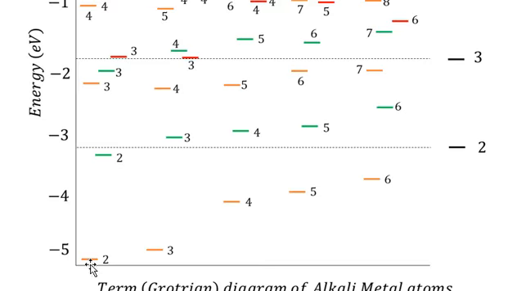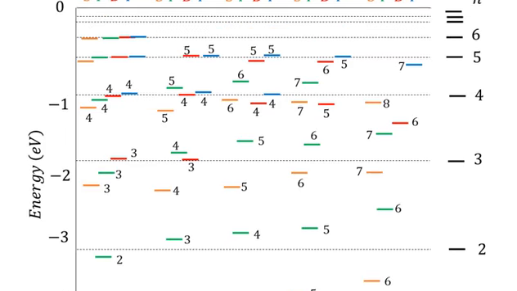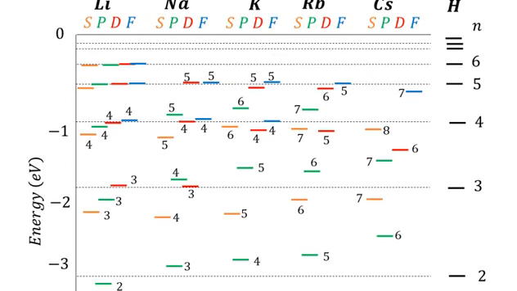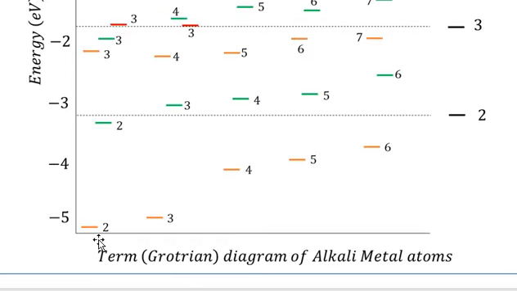For example, the lowest one is 2s, and it is just lying beneath the S symbol. So in lithium you have the symbol S, and below this symbol S I have mentioned its location, which is 2s. So 2S is represented by this horizontal location.